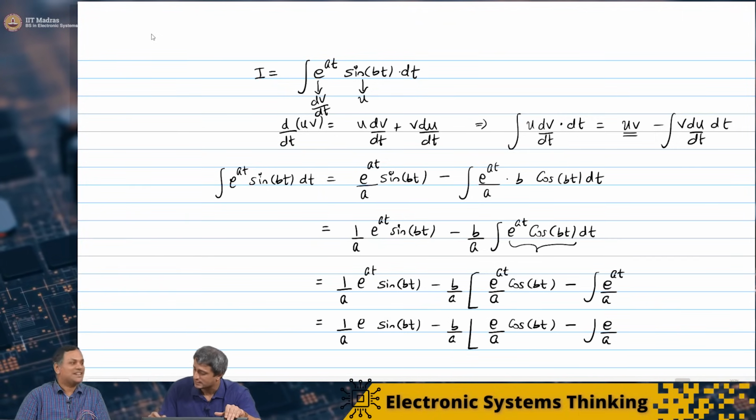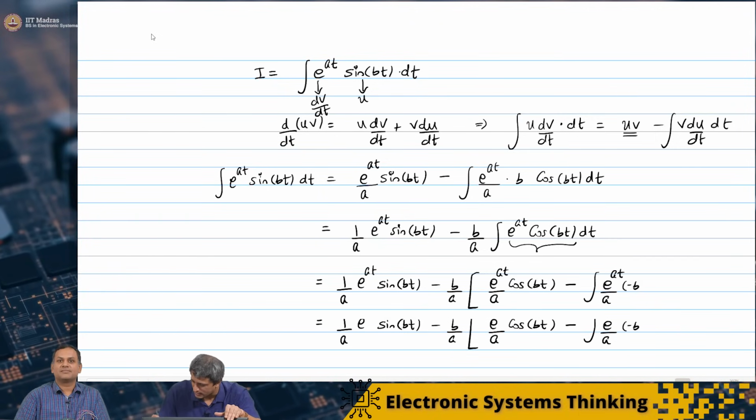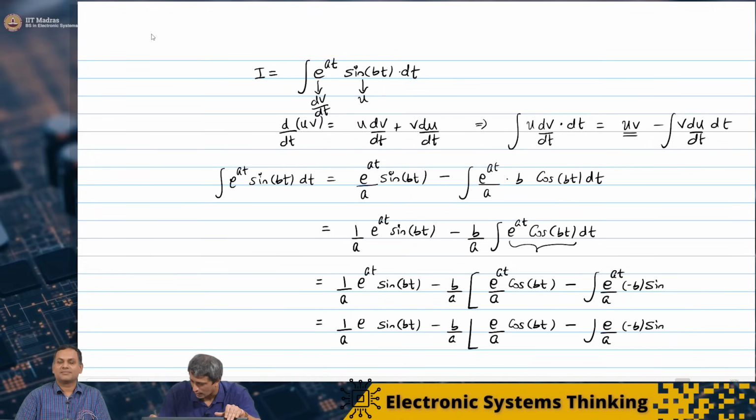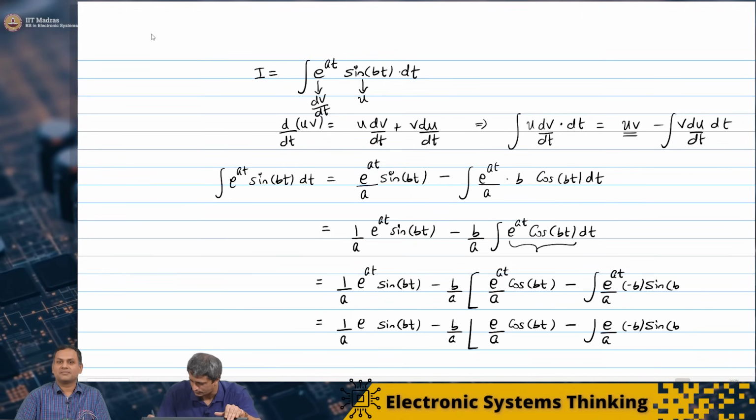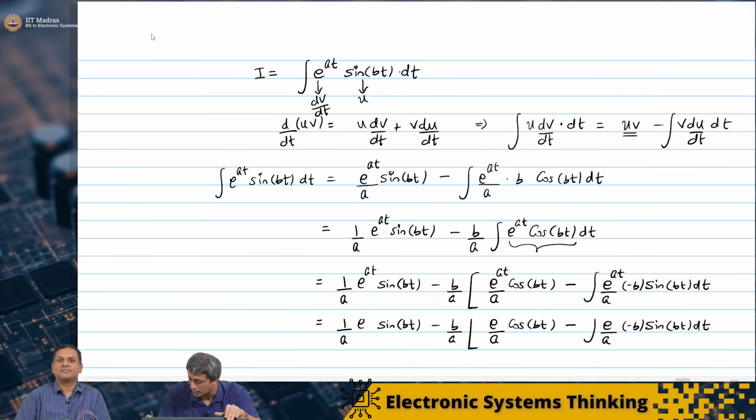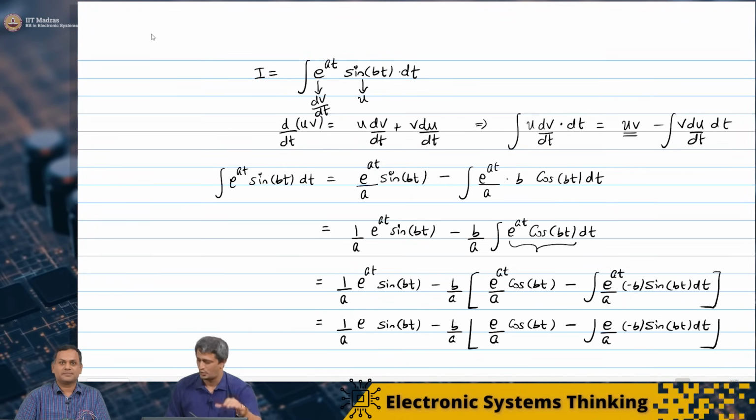I'll get a minus sign, so minus b times sin(bt) dt.